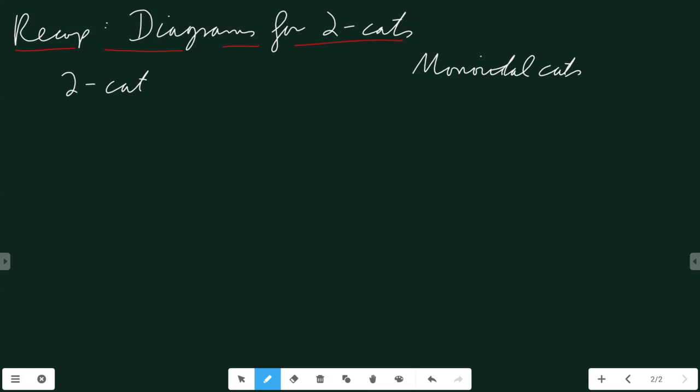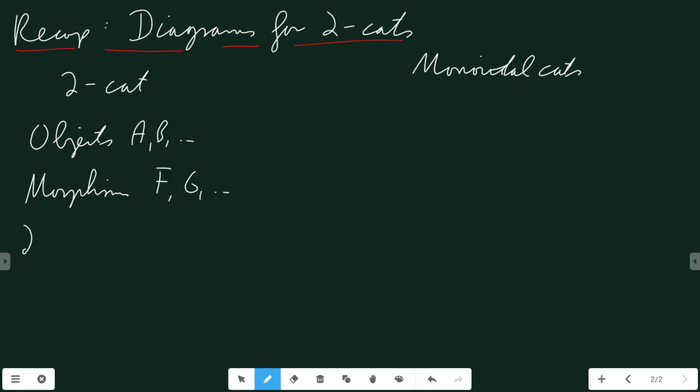And in the two category of objects, whatever, A, B, C, we have morphisms, whatever, F, G, we have two morphisms, alpha, beta, something like that. And in the monoidal category, you kind of cut it off here. So the monoidal category is the two category with one object.